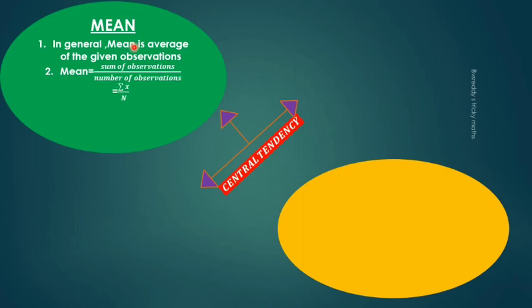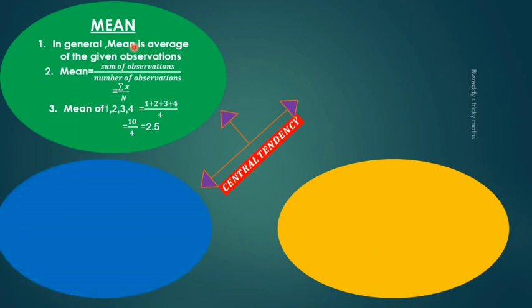So mean equals sum of observations by number of observations, sigma x by n. It is the formula to find the mean of ungrouped data in an easy way. Take the example, mean of 1, 2, 3, 4: 1 plus 2 plus 3 plus 4 by 4, that is 10 by 4, which is equal to 2.5. In this way, mean can be calculated very easily.